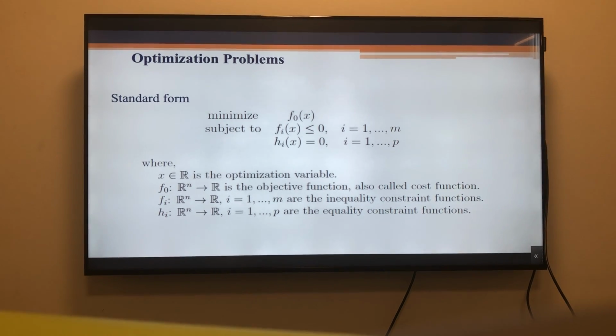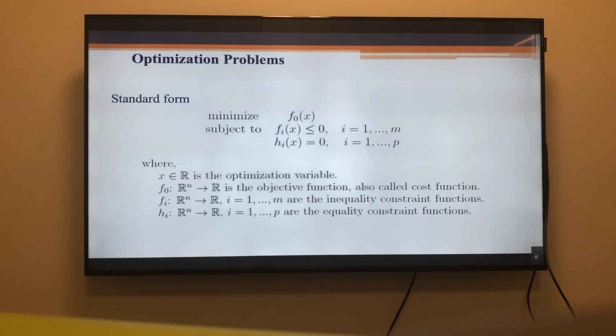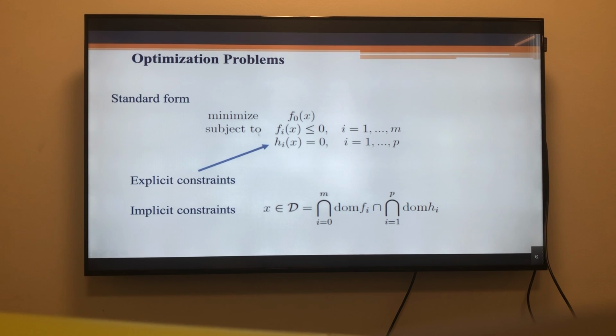Okay, let's take a look at the optimization problems. This is the standard form of optimization problems. Here, f_i are the inequality constraints, and h_i are the equality constraints.